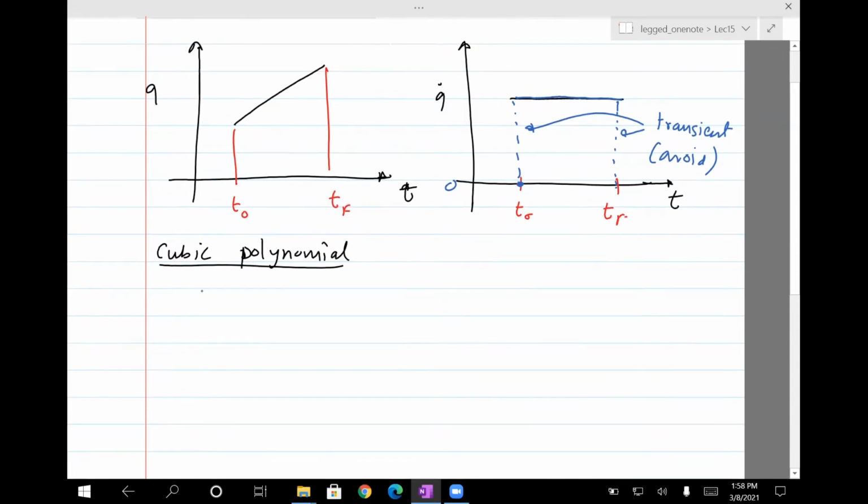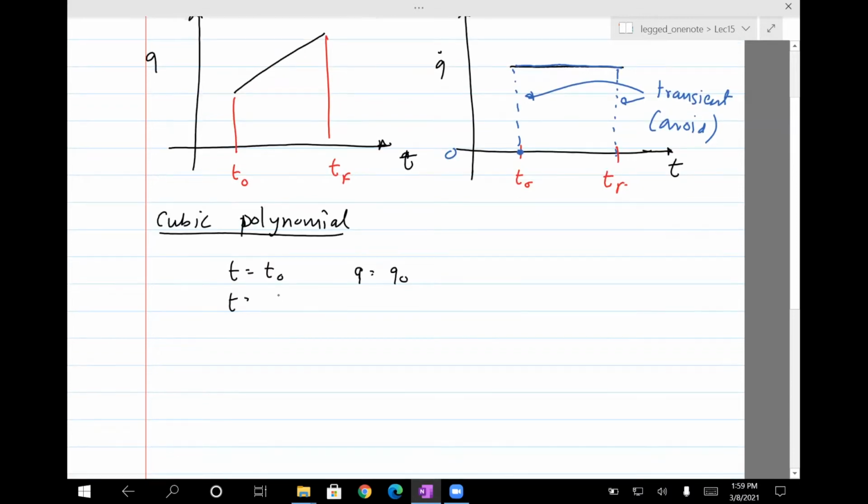What a cubic polynomial will do is, well, first of all, let's define the things we want. First of all, we want q0 at t. So at t equals t0, we want q equals q0. That's the initial position. We still want t equals tf, q equals qf.